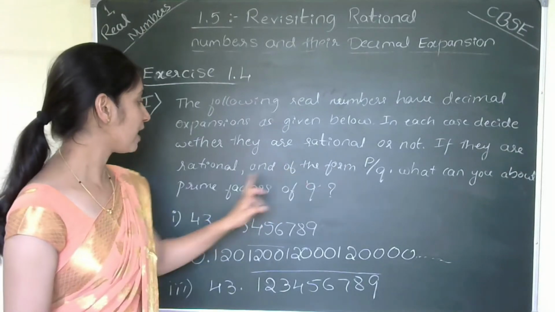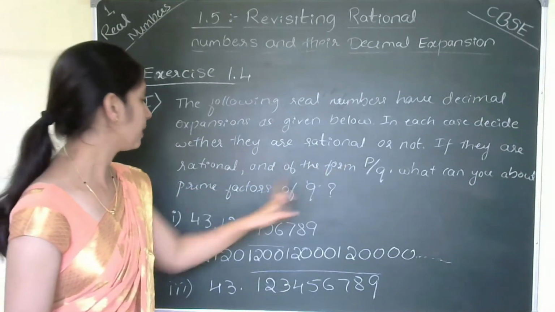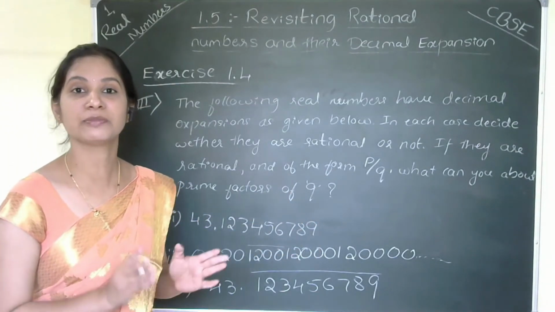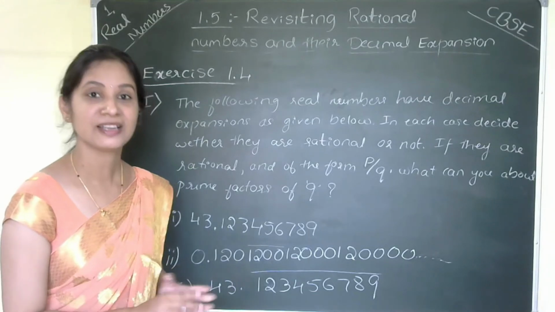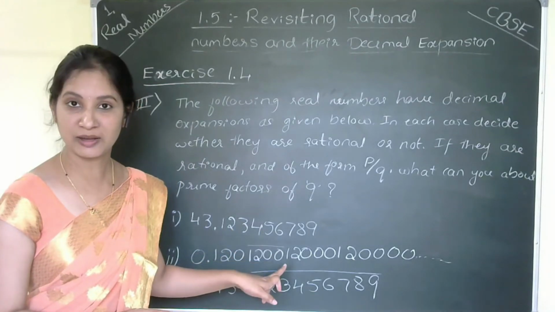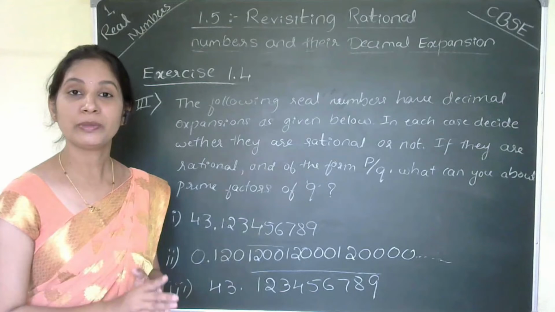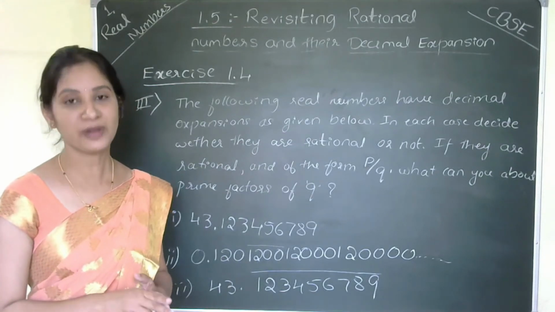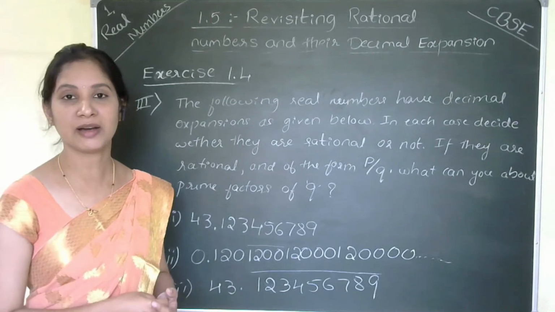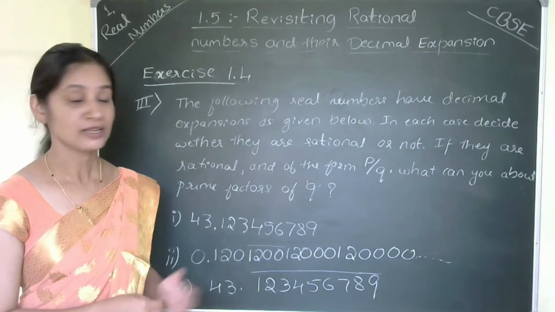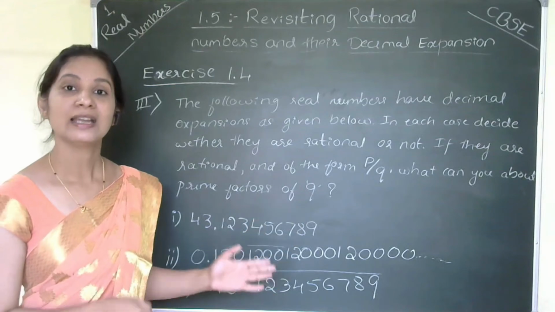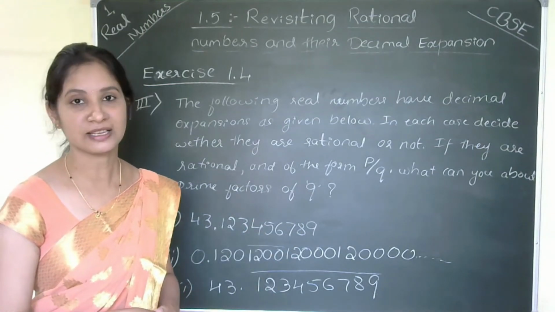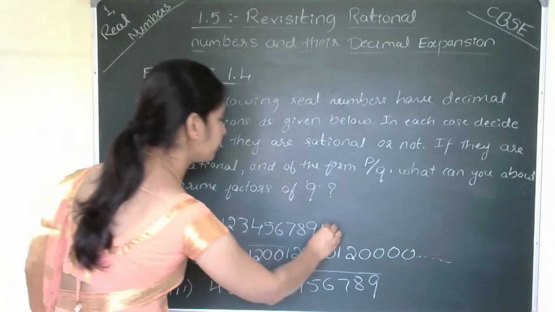And one more thing they have asked: if it is rational, what about the prime factorization of q? We can conclude from theorem 1.5 that if it is a rational number, then the denominator will be in the form 2 raised to m, 5 raised to n, where n and m are non-negative integers. So q must be in the form 2 raised to m multiplied by 5 raised to n.